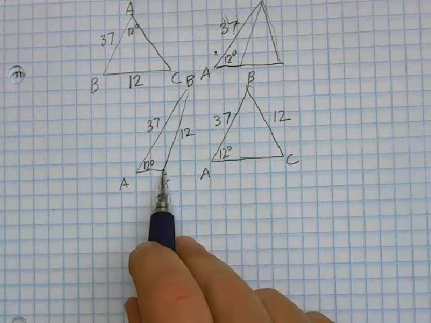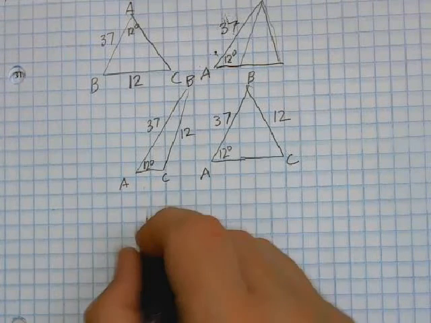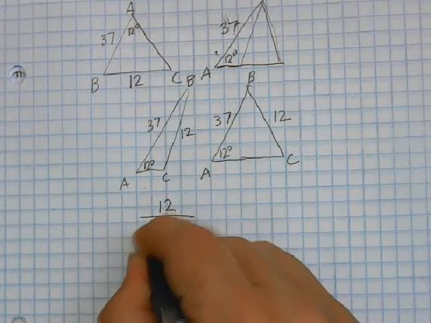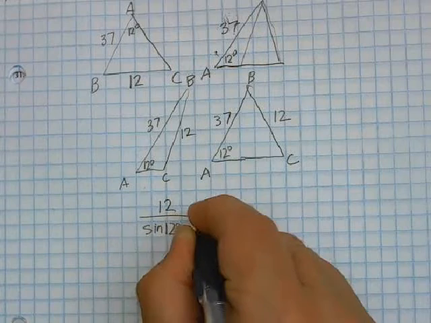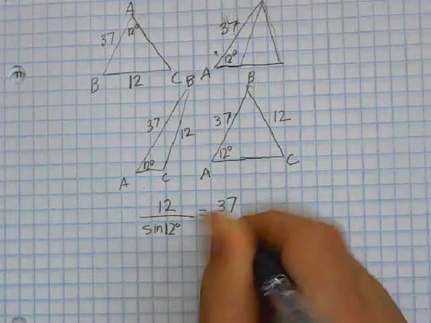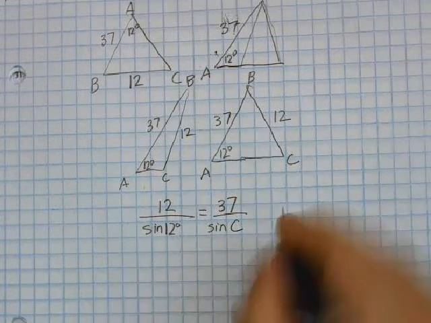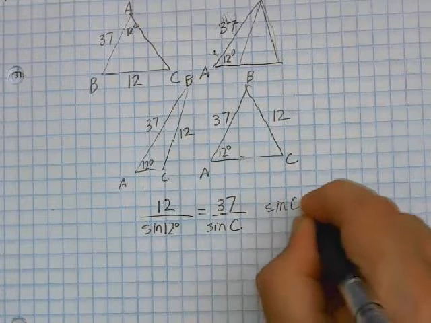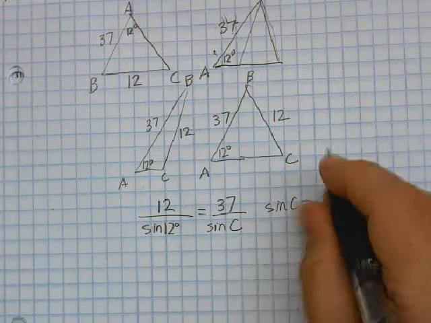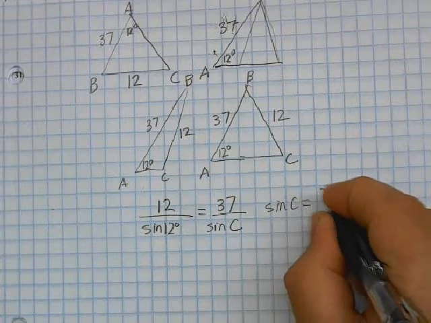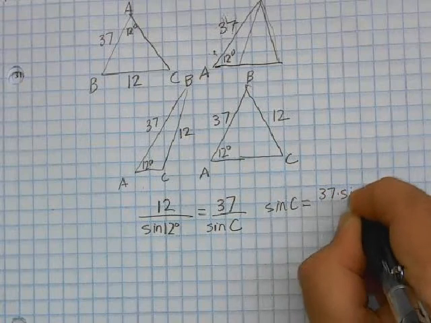Okay, so notice that C could be obtuse or it could be acute. So when I use the law of sines to solve for angle C, using the calculator, you're only going to get one of the two possible answers.